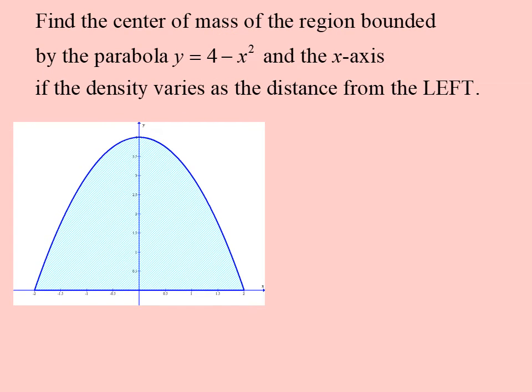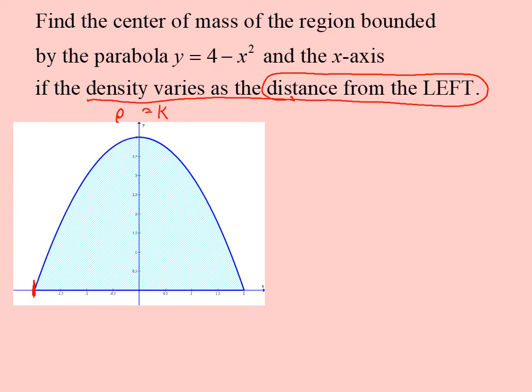Very similarly, in this one, we're told that the density varies as the distance from the left side. So our density varies. Now we need to describe the distance from the left side. So what is the distance from the left side? Here's the left side.